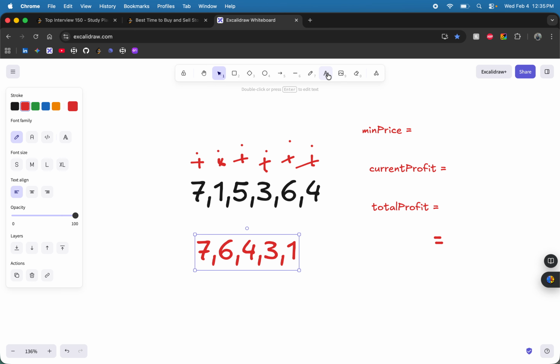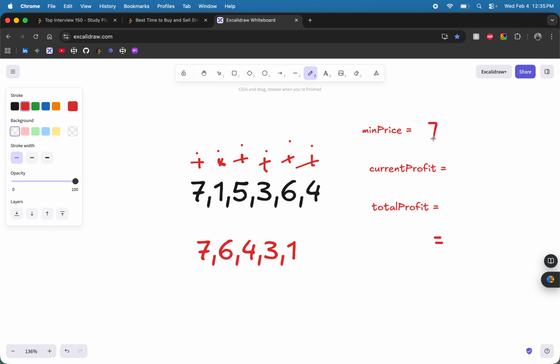Alright, so mean price will be the zeroth index, so that means it is 7. i will be here. 6 is smaller than the mean price, so that means we have to update the current profit, which is 0, and we have to also update the total profit, which is 0 plus 0.